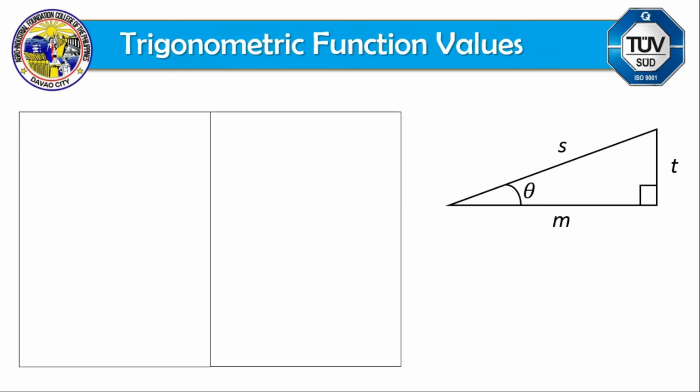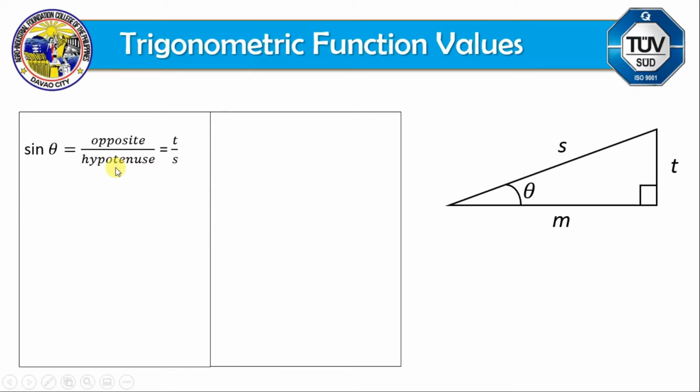Okay, so, how will we solve or find the values of the 6 trigonometric functions that were mentioned a while ago? Okay, so given this triangle, so we have this given angle theta, the right angle, then these sides s, t, and m, where s is our hypotenuse. Okay, so if we will solve for sine theta, sine theta is just equal to the opposite side with respect to the given angle over the hypotenuse.